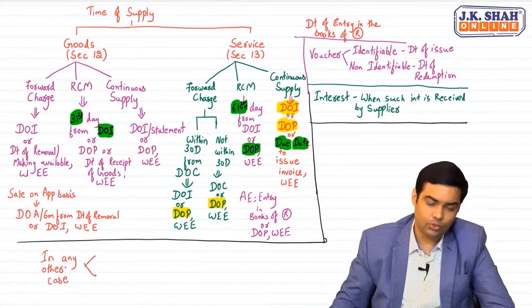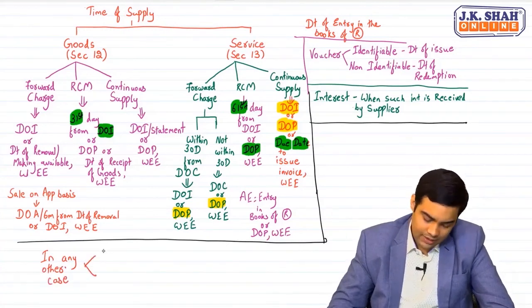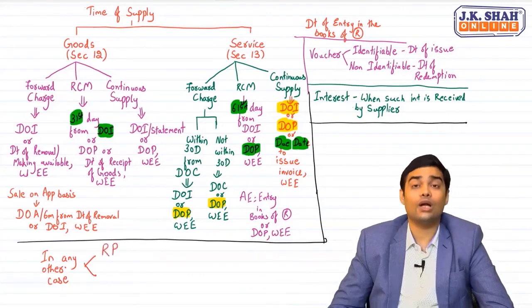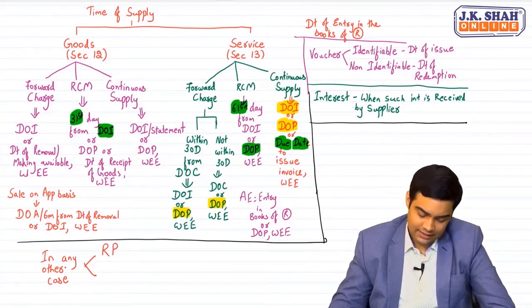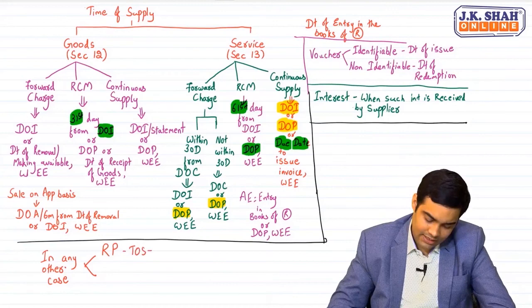Any other case has two parts. First, if it is a person who is required to file GST returns. Who is required to file GST returns? A registered person. Then the time of supply will be due date for filing GST returns.